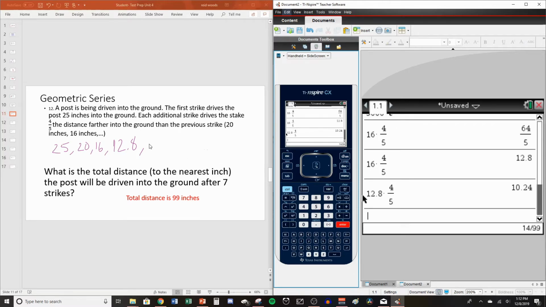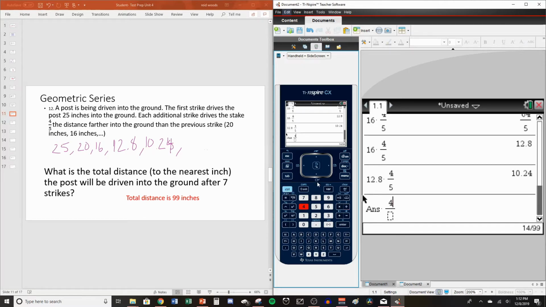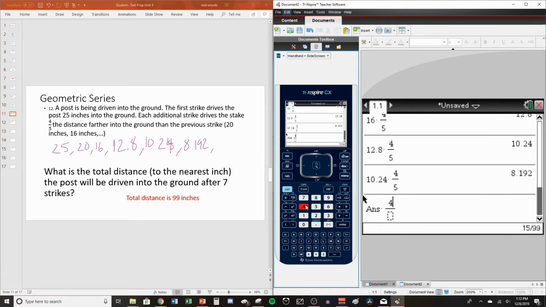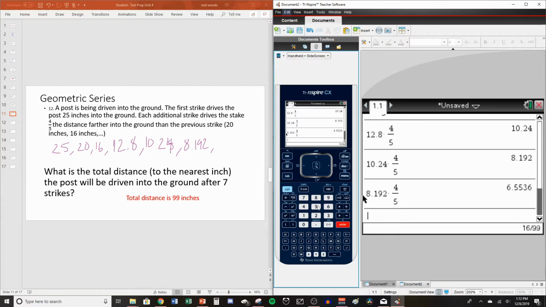And we get 10.24. Okay. That's 5 strikes. We want another strike. So times 4/5 again. Get 8.192. And then we have 6. This is the last one. So times 4/5. There it is, 6.55.